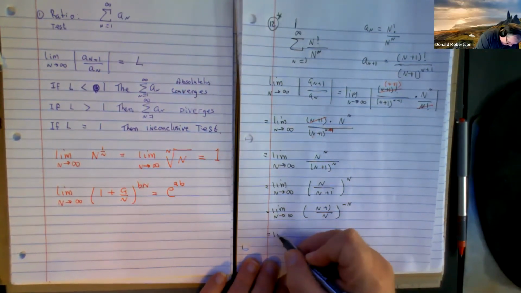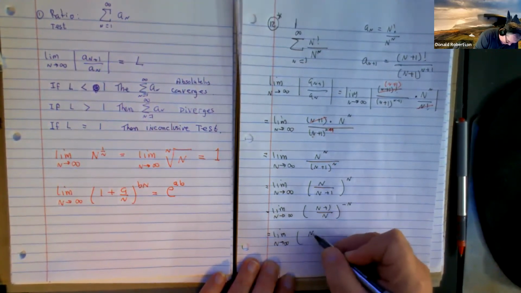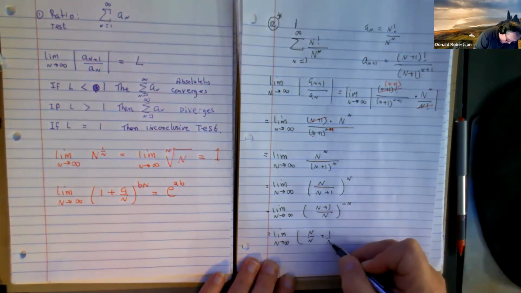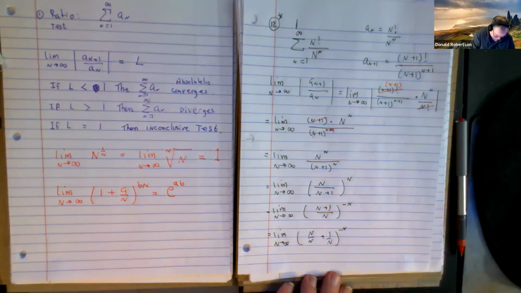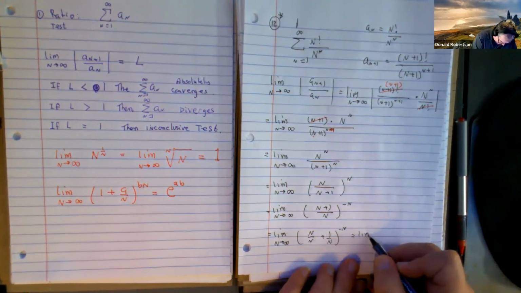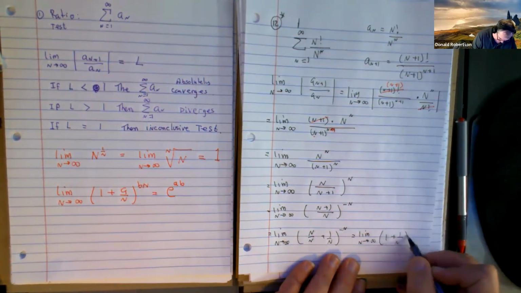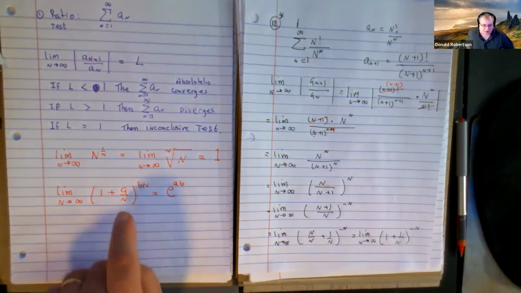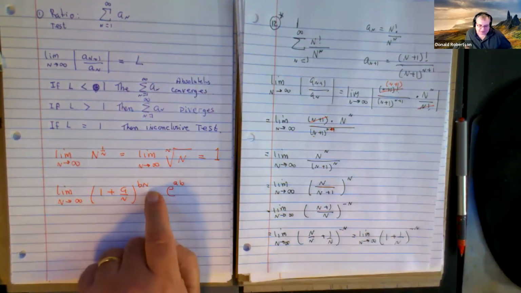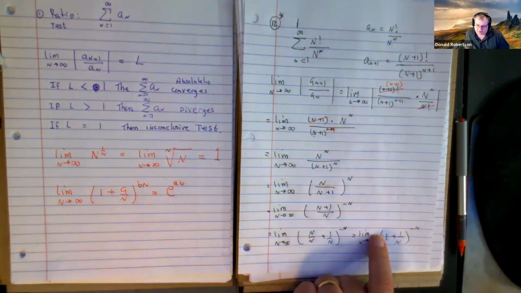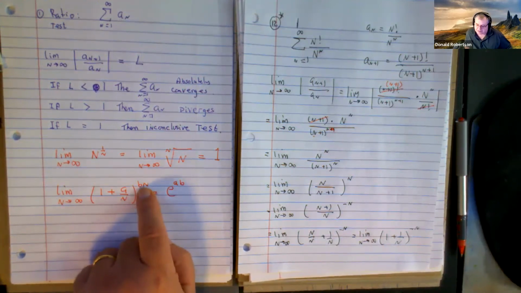Now, this fella can be rewritten like that, which now becomes, hey, we got one. You see how much work it took to get that guy? Right. Now, if you look at this fella, he is 1 plus something over n raised to the power of bn.